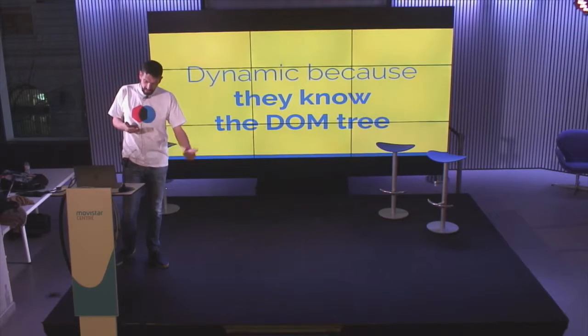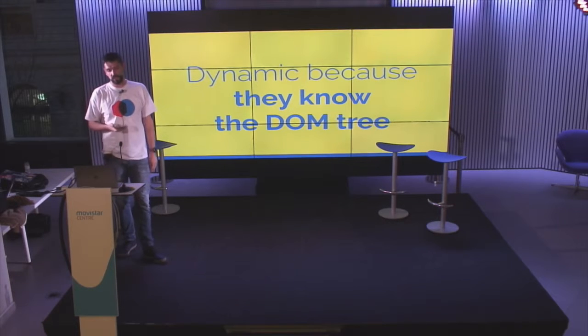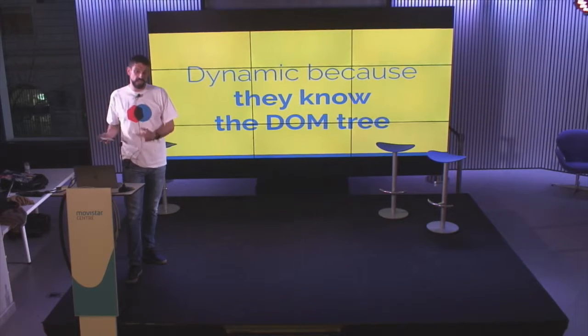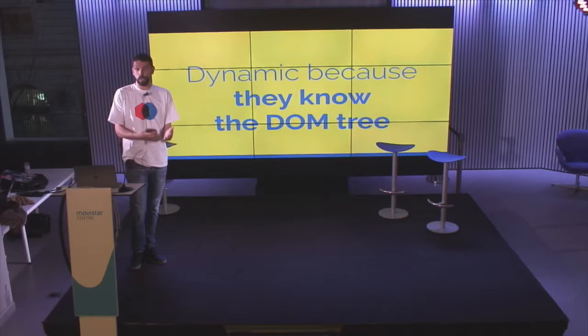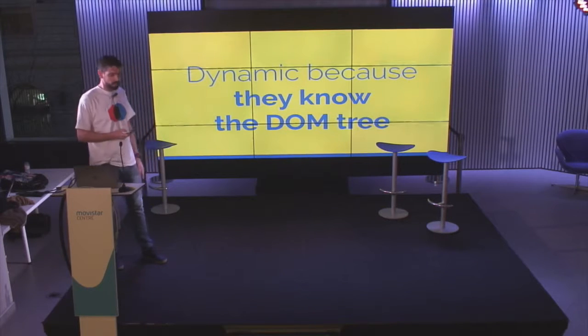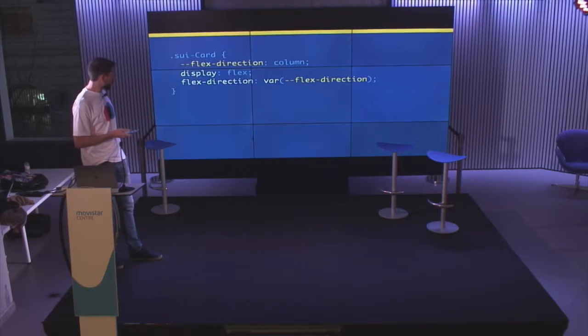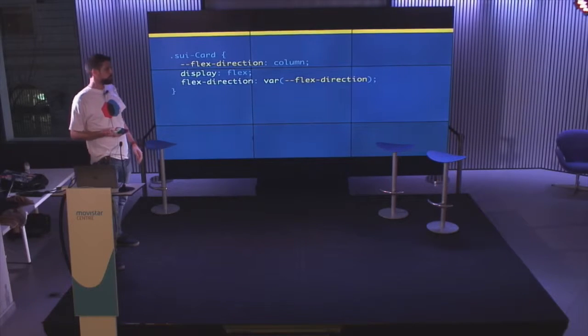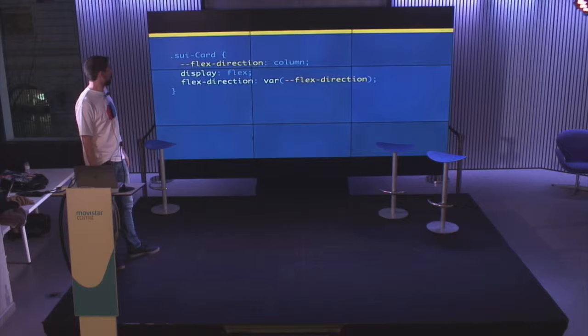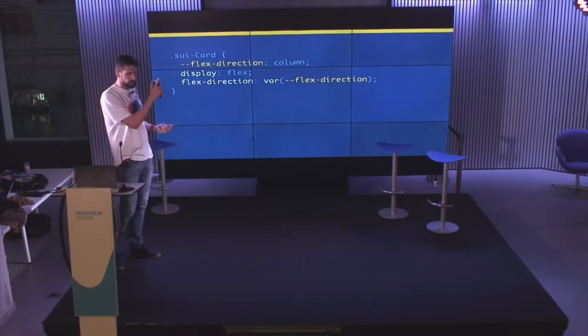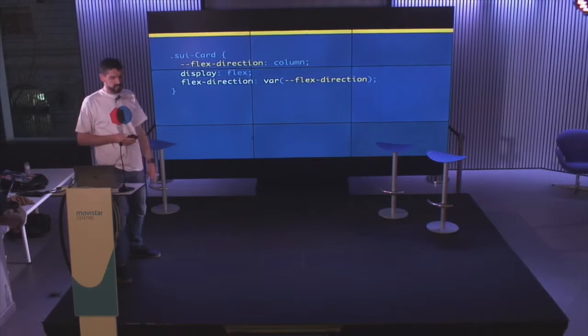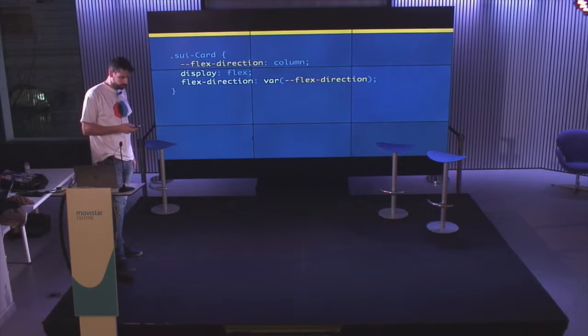So why do we say they are dynamic? Because they know the DOM tree. They behave like the common CSS properties we already know. In this other example, we have a card selector with a custom property named flex direction and two properties, display flex and flex direction, using the custom property set in the main selector.